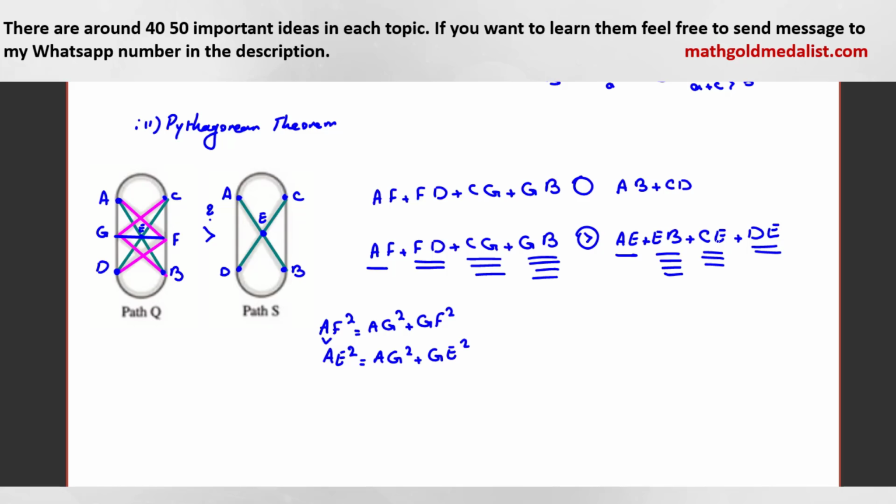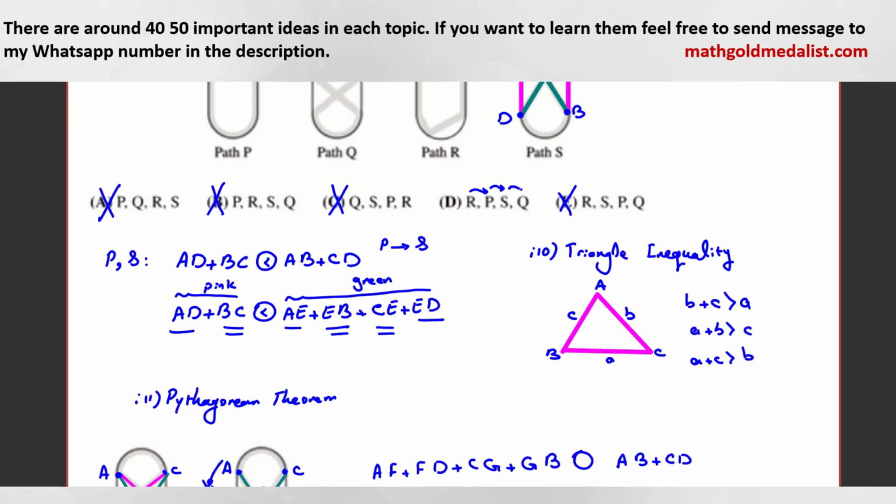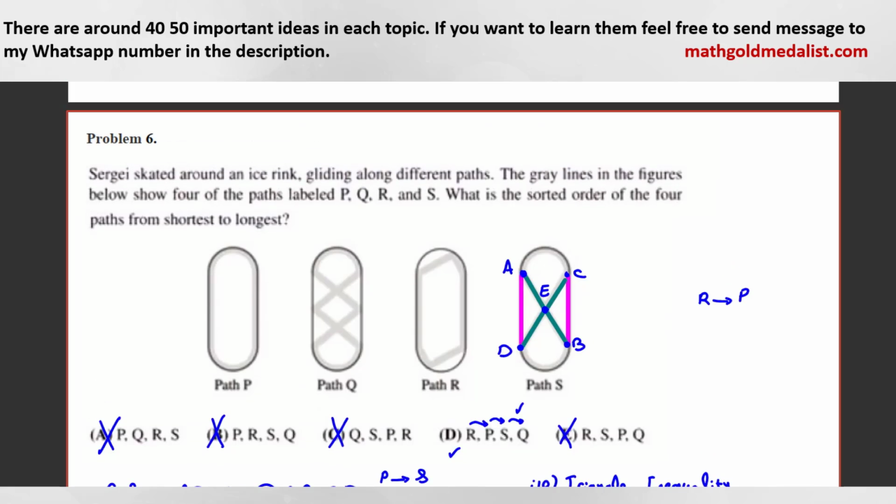So we can say pink part is greater than green part. So we can say the length of Q is greater than the length of half S. Okay, so we proved also this part. The answer is choice D.